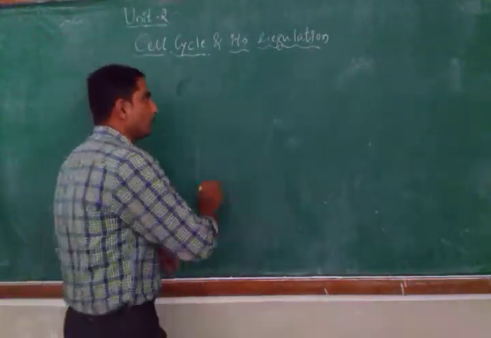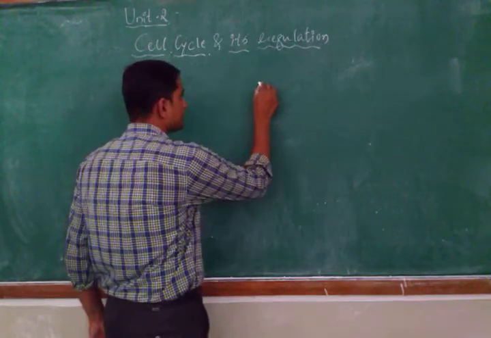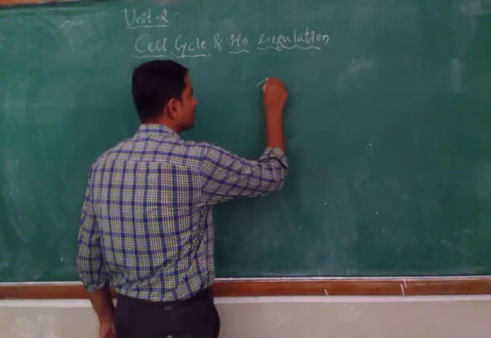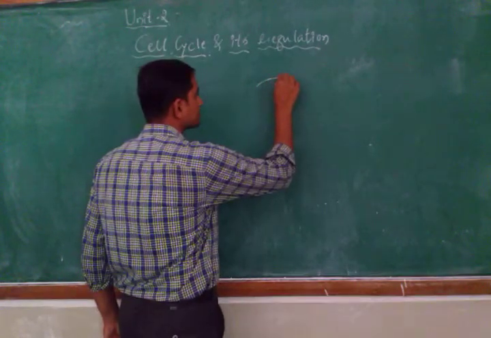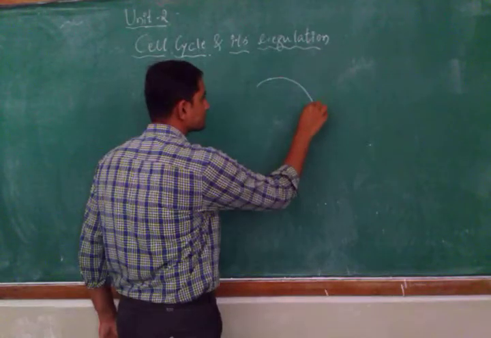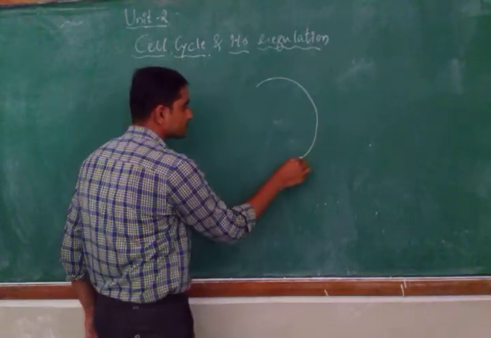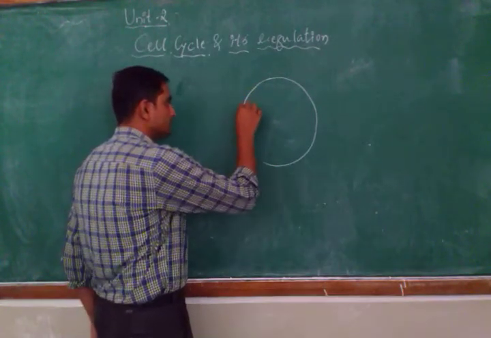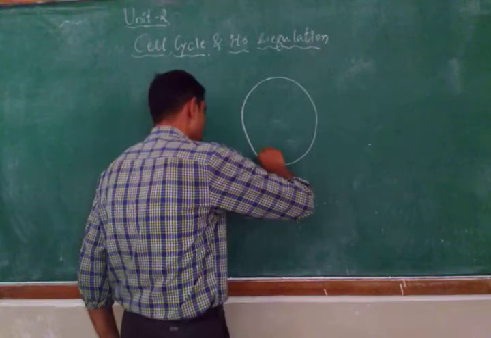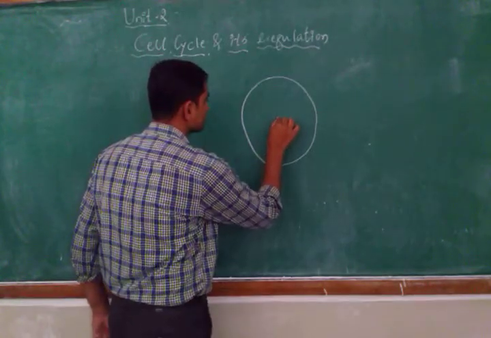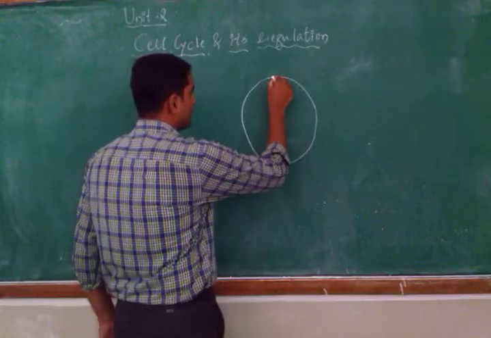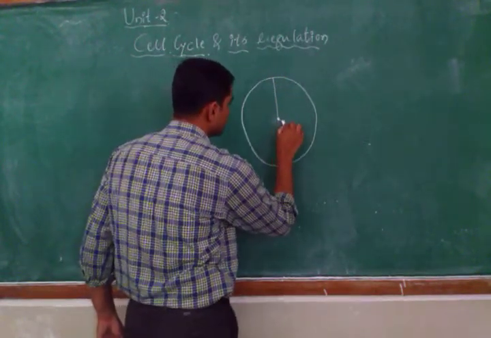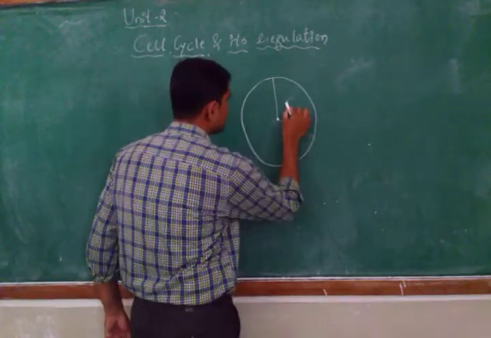And as we know, mitotic cell division includes different phases. There are 4 main phases of the cell cycle. The first phase is called G1 phase.